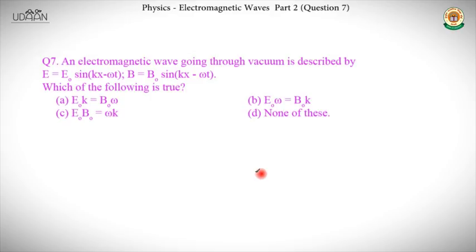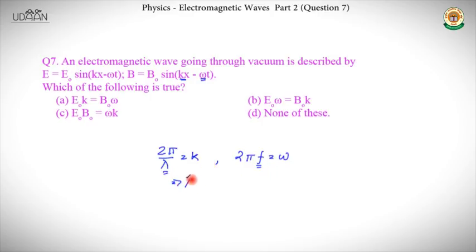For this, you need to remember a few things from the waves and oscillations chapter about this k and ω. So we have 2π/λ equals k, where λ is the wavelength, and 2πf equals ω, where f is the frequency. These are the basic relations of ω and k with the wavelength and the frequency of the wave.